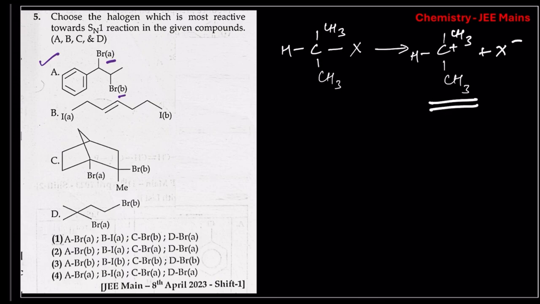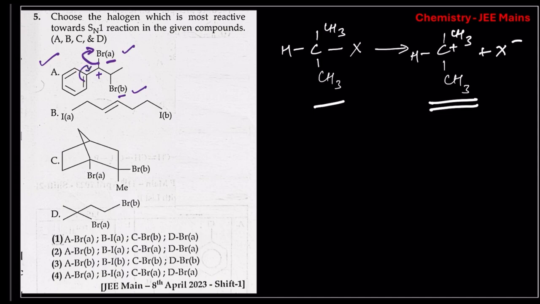Now the more is the stability of the carbocation formed, more will be the reactivity of this given compound towards SN1 reaction. Out of these two bromine atoms, if this bromine leaves as bromide ion, then the carbocation which is formed will be stabilized by the delocalization of the positive charge on the benzene ring. What will happen?